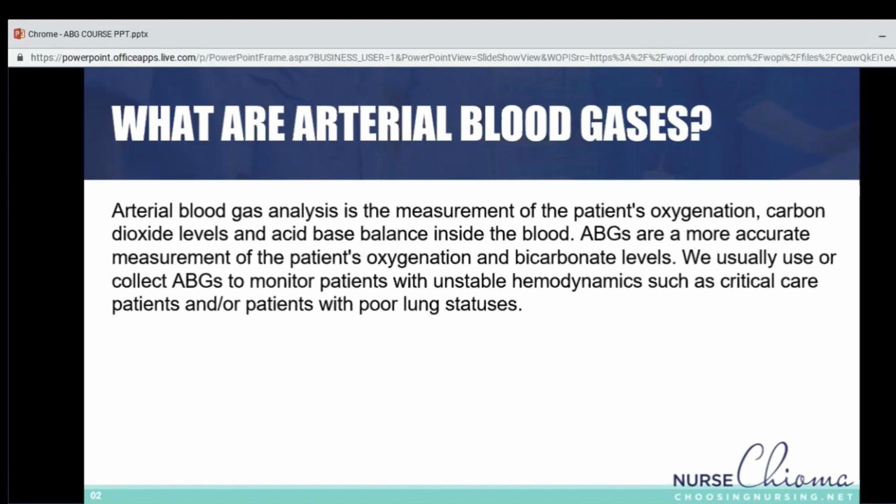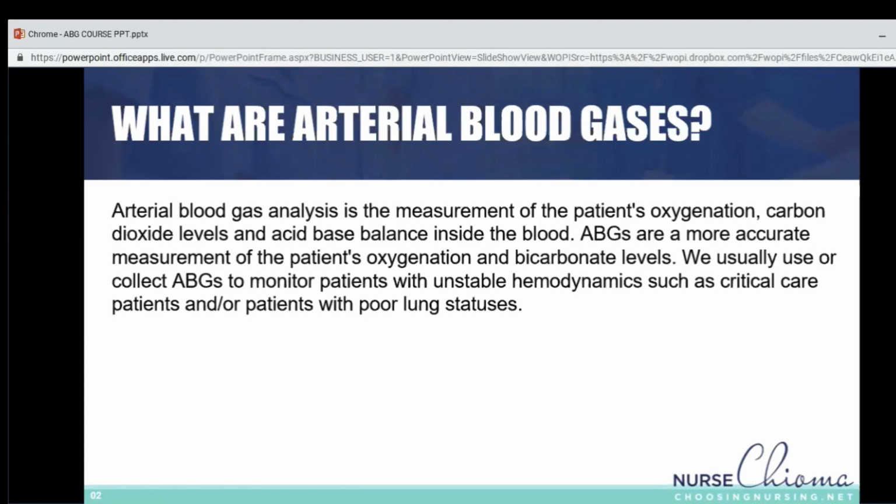It's even more accurate because we're literally taking a blood sample, versus, for example, an O2 sat monitor, which is still accurate, but ABGs are more accurate because it's coming from the blood. So ABGs are a more accurate measurement of the patient's oxygenation and their bicarbonate levels.